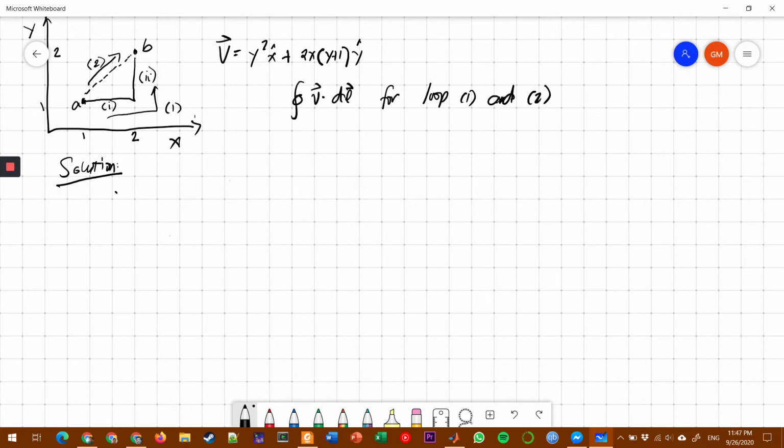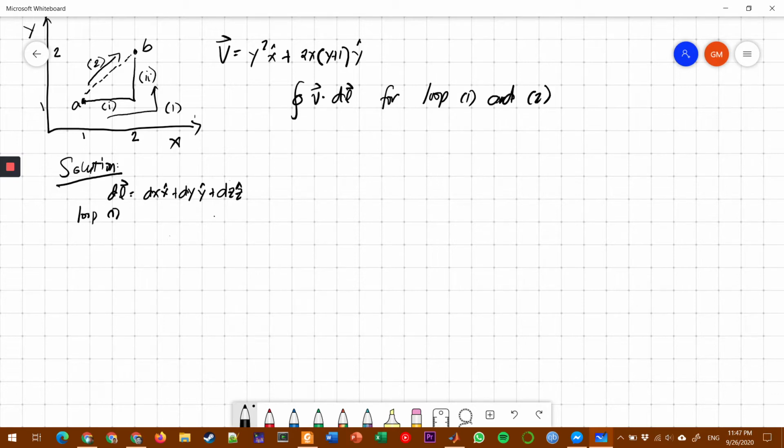So as always, dl is just dx x hat plus dy y hat plus dz z hat, right? And then let's solve first the loop 1.